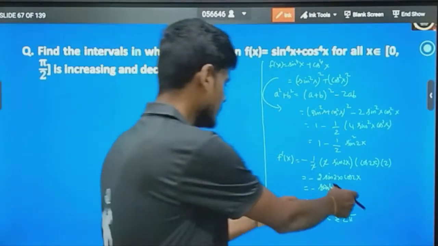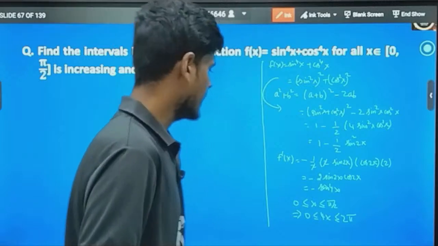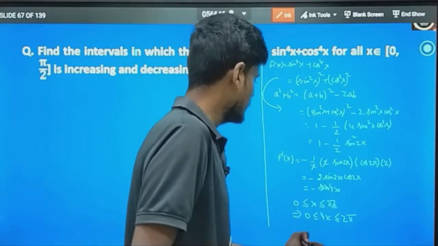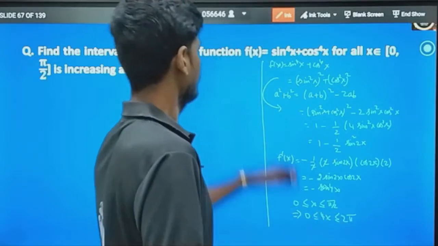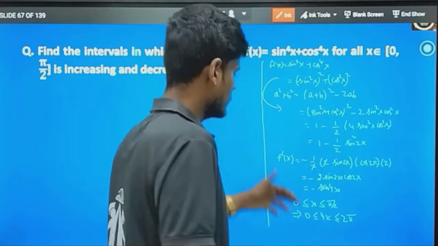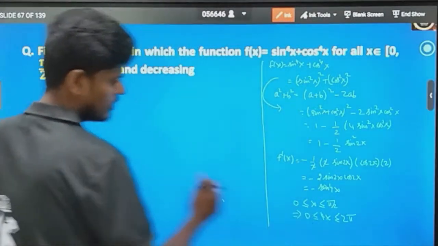So we need to see the interval between 0 to 2 pi when this will become positive and negative. Correct now? That is how we should solve these questions. Now we will see the solution. I will solve it here.